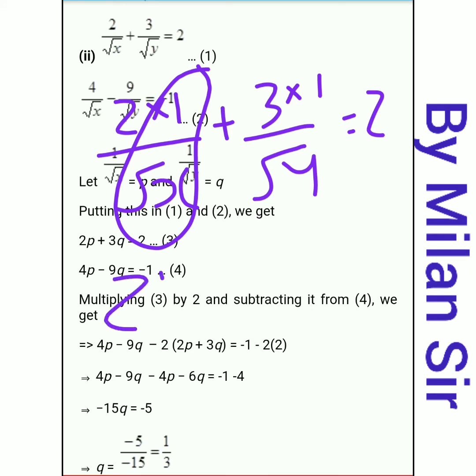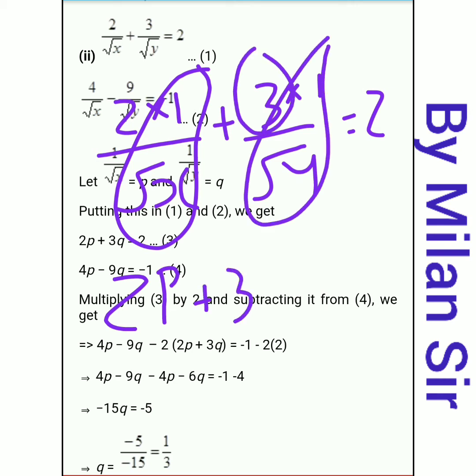So 2 as it is, and in place of 1 upon under root x, we can write p. So 2p. Here we have 3. So 3 as it is. 1 upon under root y, it is q is equal to 2. This is our equation number 3. Okay. 2p plus 3q is equal to 2. This is our equation number 3.